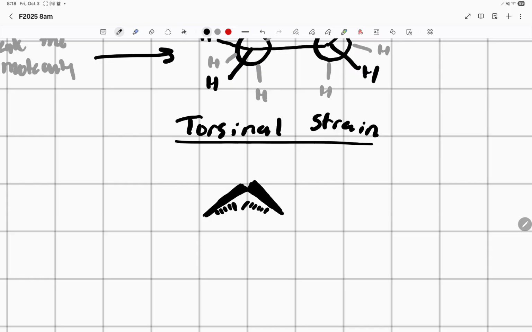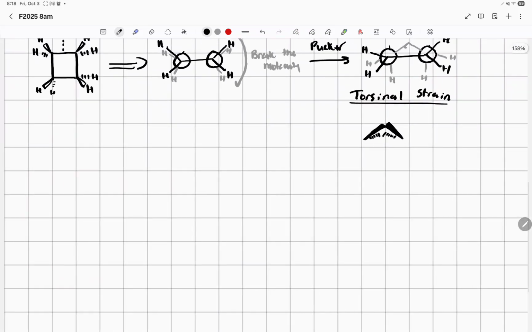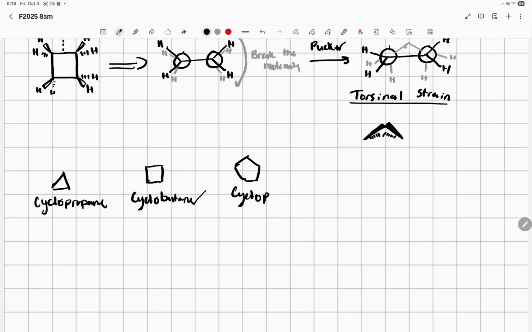So that's what we see with cyclobutane, at least. Now, obviously, the smaller a ring, the more torsional strain there's going to be. So something like cyclopropane, a 3-membered ring, which, by the way, does exist sometimes, compared to cyclobutane, compared to cyclopentane, and so on.